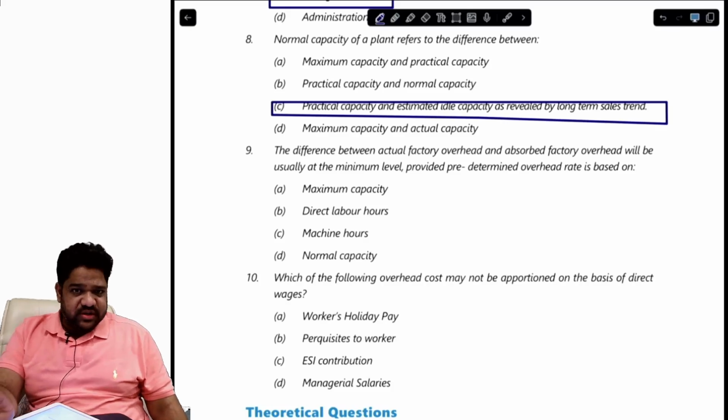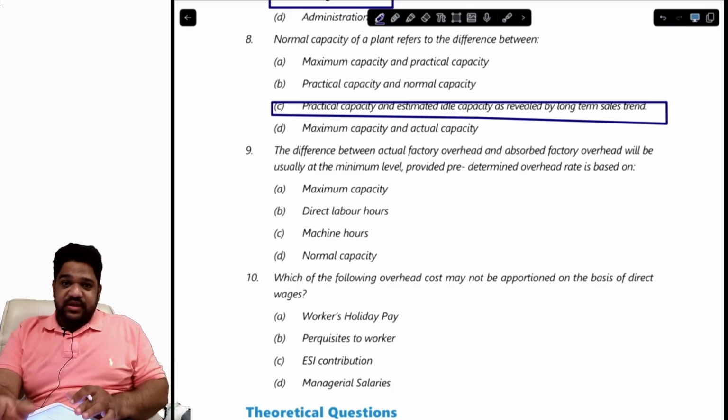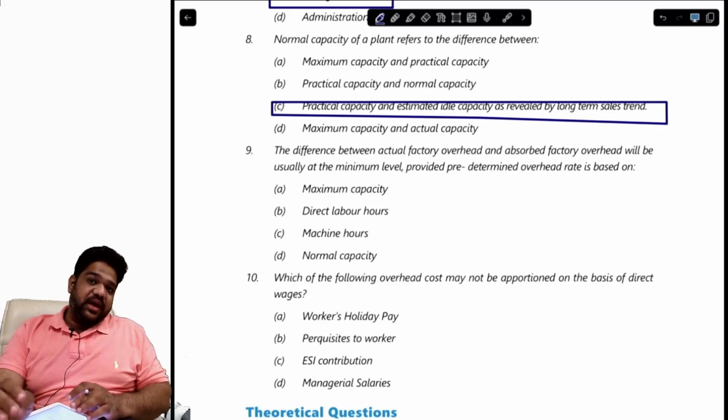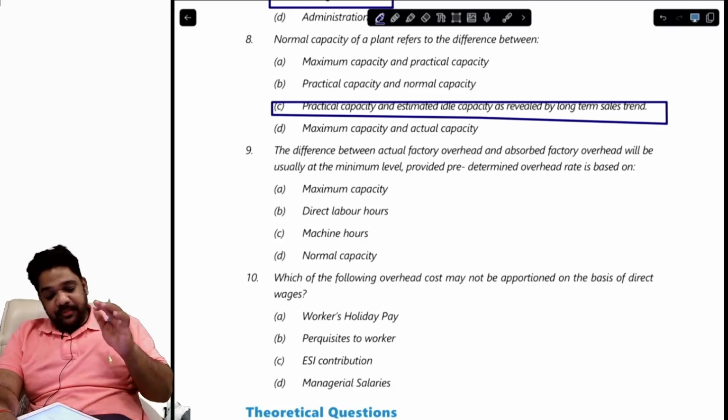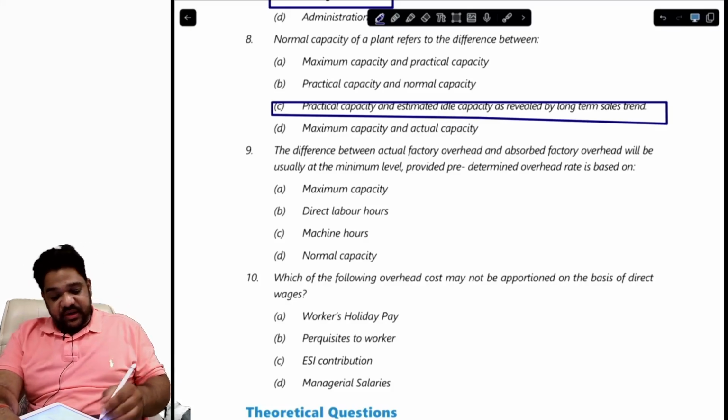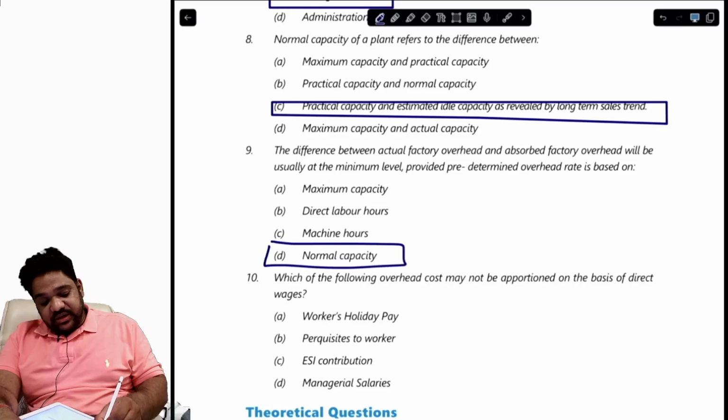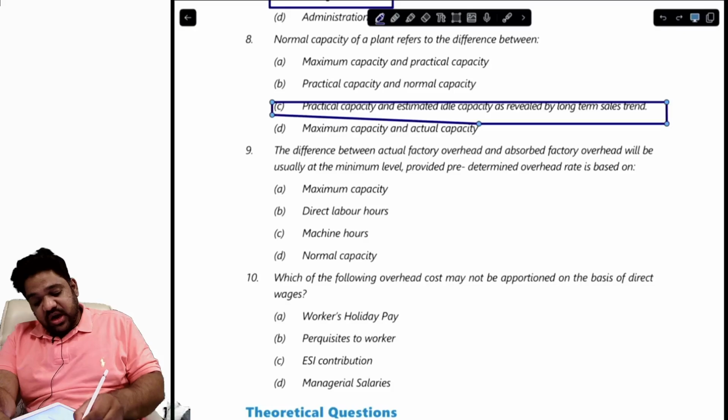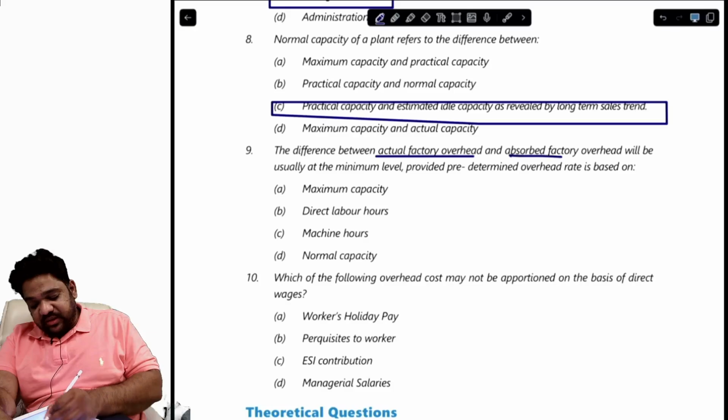We just discussed this. Normal capacity is what you are usually being able to sell. So if you base your overheads, your predetermined rates on that, that is the best way to not have over or under absorption. See, you'll have to understand when they say difference between actual factory overhead and the absorbed factory overhead.